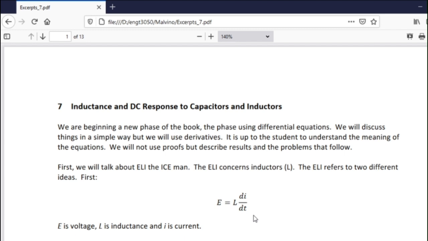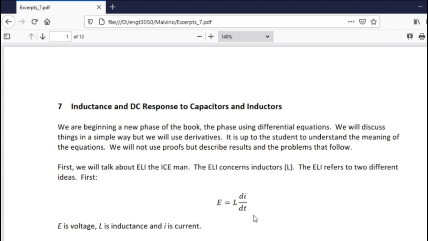I don't know who Eli is in this case, but ELI: voltage leads current in an inductive circuit, or ELI, E equals L di over dt. If you carry that around in the back pocket, it might at some point give you a feeling: yeah, I can understand why this is a little bit different than resistance or other devices, but this is the fundamental equation for a pure inductor.